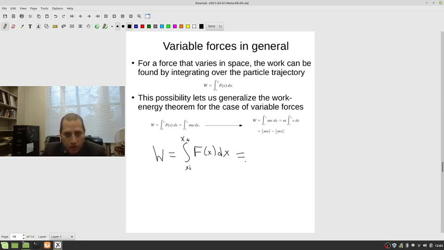And what we can do is realize that if we are dealing with Newton's second law, F equals ma, I'm going to use that, from x initial to x final. I'm going to write this as m, and now I have a as a function of x, dx.